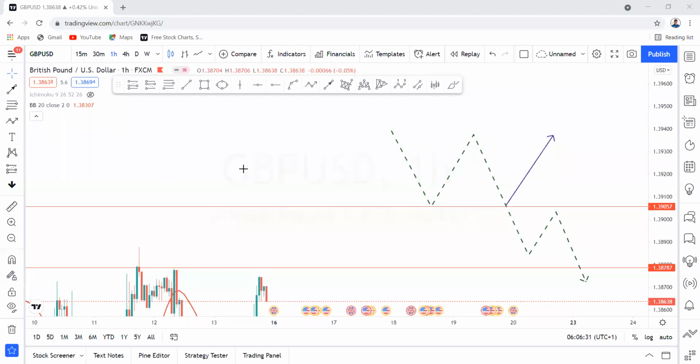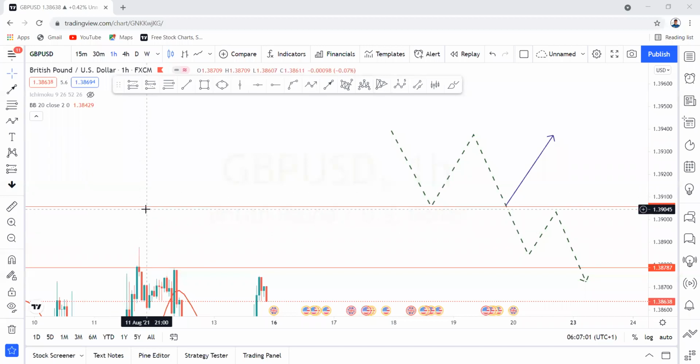Now, what we want to identify in the market is who is actually powerful, who has more force, who has more momentum. Now, if you realize that a market session closed bearish, and let's say it was at this price, 139057, and it closed bearish.